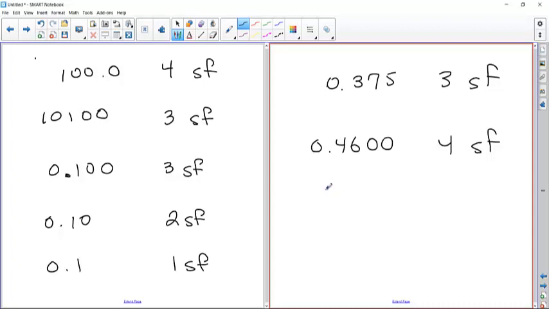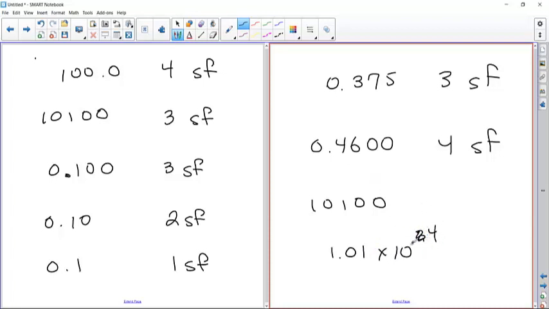significance. So let's say we have this one, 10,100. One way of writing this in terms of scientific notation would be 1.01 times 10 to the third. To the third, or is that to the fourth? To the fourth.